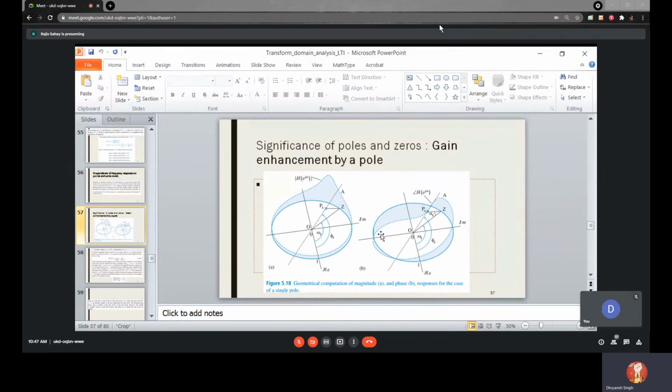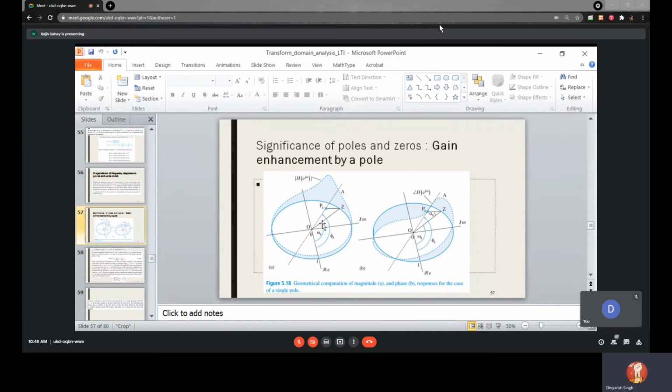For the time being, just ignore this dashed line and think that there is a point Z on the unit circle. This is an ellipse, but think of it as a circle. So this point is on the unit circle and there is a pole Pk pretty close to the unit circle. We'll see what happens if you move Pk close to the unit circle.